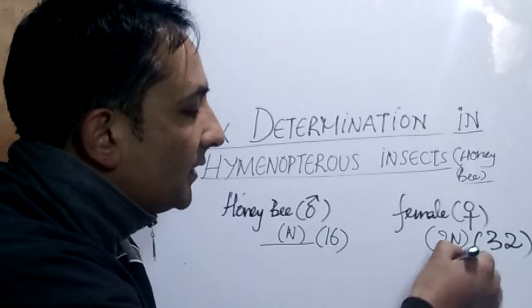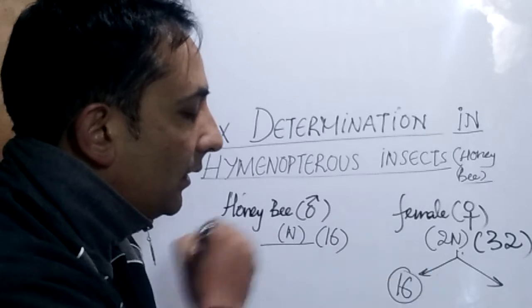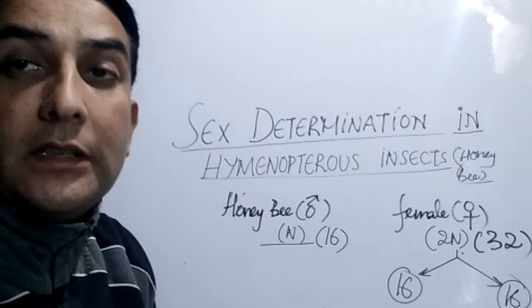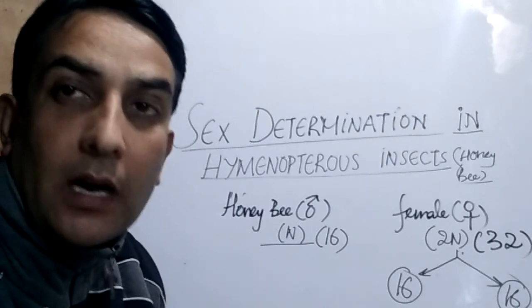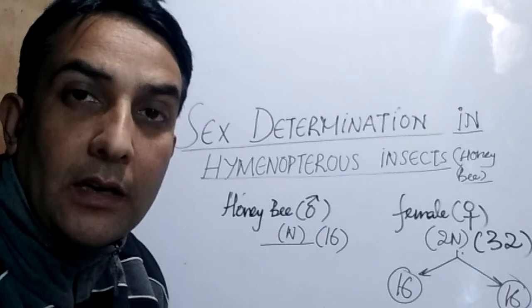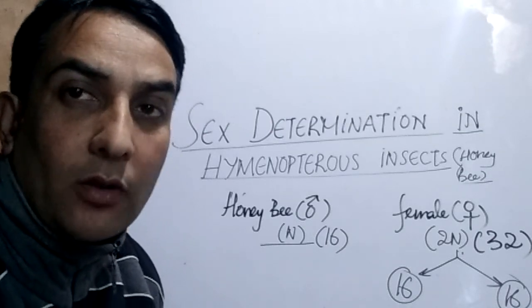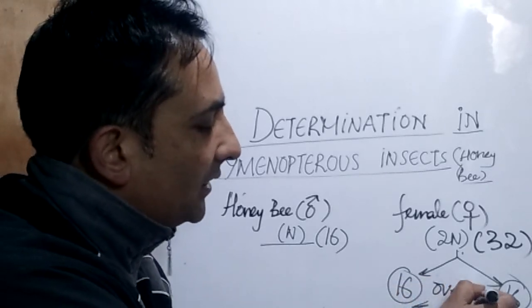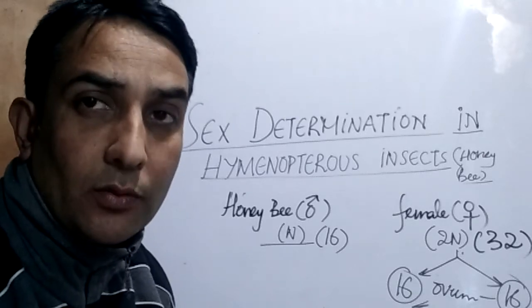During meiosis, one ovum will receive 16 chromosomes, and another ovum will also receive 16 chromosomes, because in meiosis the chromosome number is halved. Each gamete will receive half of the number of the chromosomes. This gamete is an ovum, and this other gamete is also an ovum, and each ovum will now have 16 chromosomes.